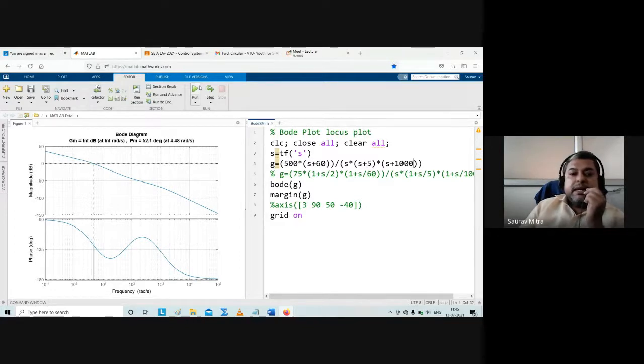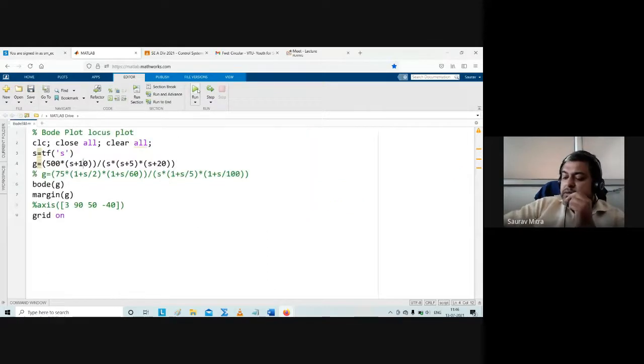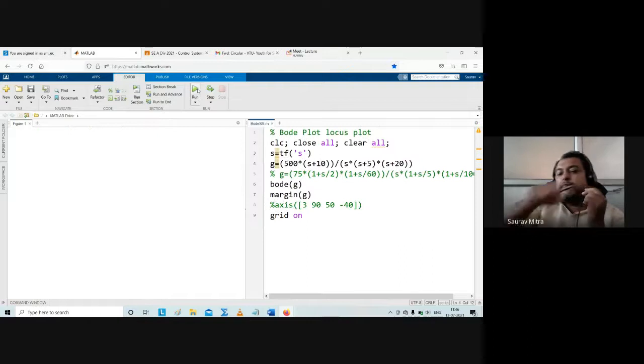This is what it is, and what we had been doing previously was this was 20, this was 20, and this was 10. So again we are going back to the previous system. Please check all this that we are doing, and this understanding you have to write in your journal.